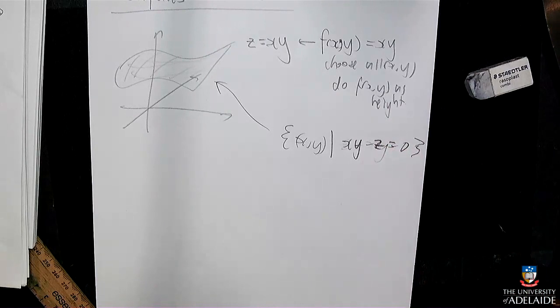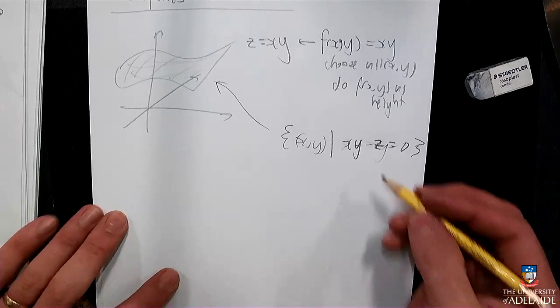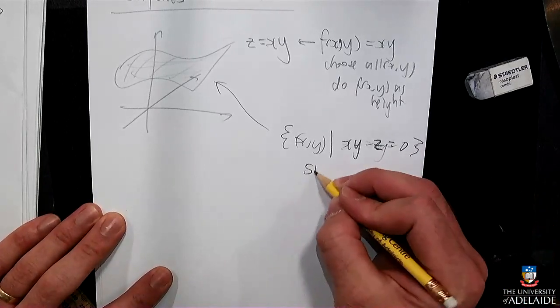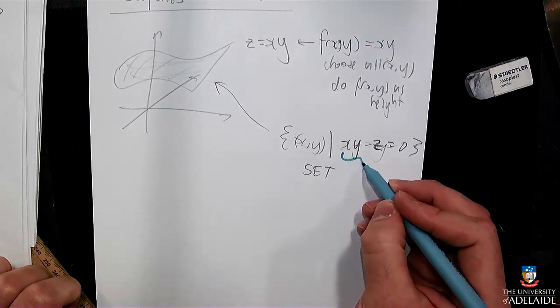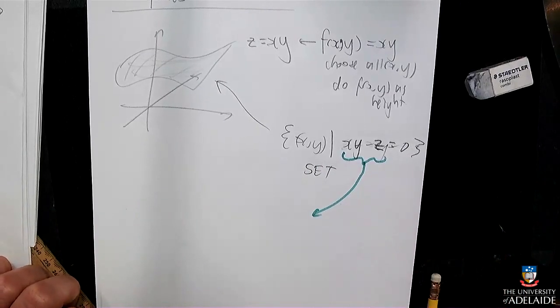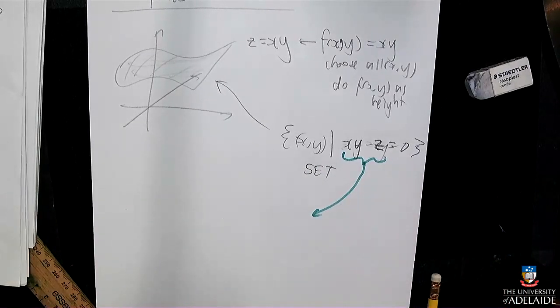Or x divided by y equals z divided by y, or any number of other formulas. But the nice thing about this version is that this is a set, and we can notice that this thing here is a function of x, y, and z.